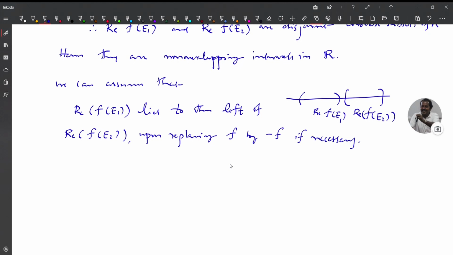Now, the real part of f, a function from X to R, is a non-zero continuous real functional on E1.